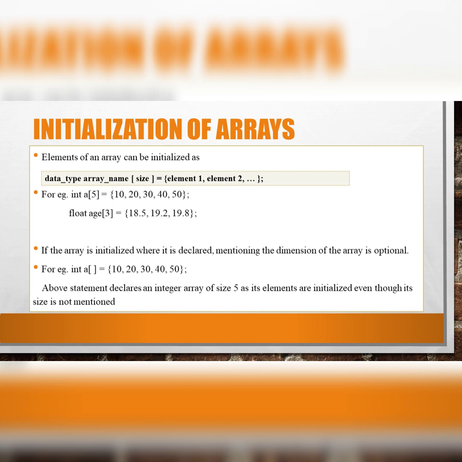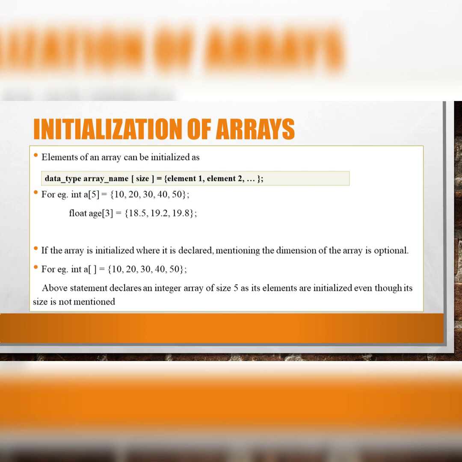Initialization can be done by following the general form of data type followed by the name of the array with its size mentioned and followed by listing down the elements we would like to store in that particular array.